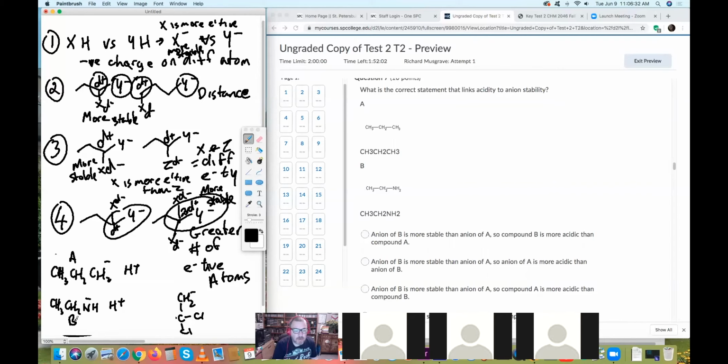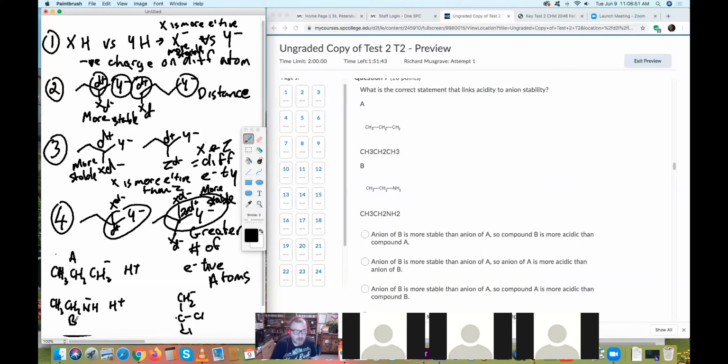Maybe B. It's going to be B. Yeah, B is more acidic because it's got the more stable anion. And the reason the B anion is more stable is because N negative is more stable than C negative, because N is more electronegative than C. Yay, that's what I was thinking. That's good. All right.